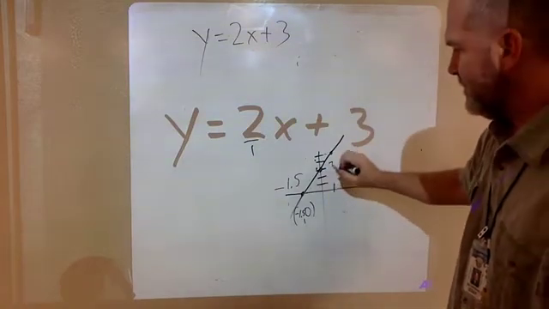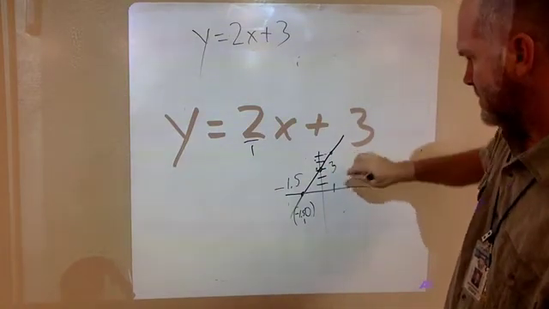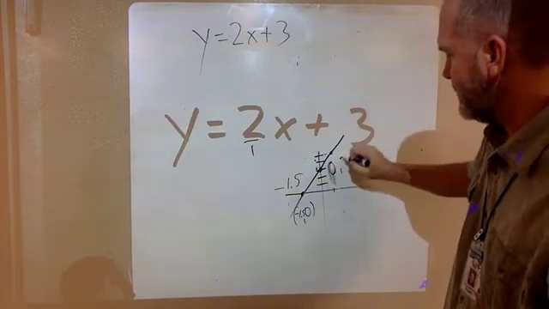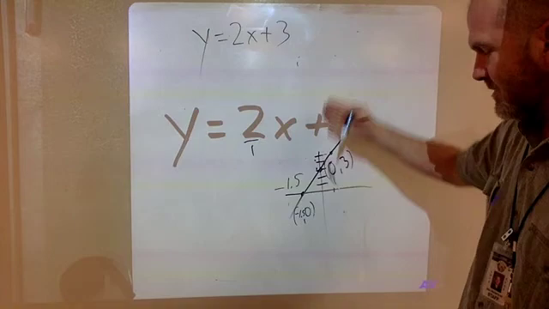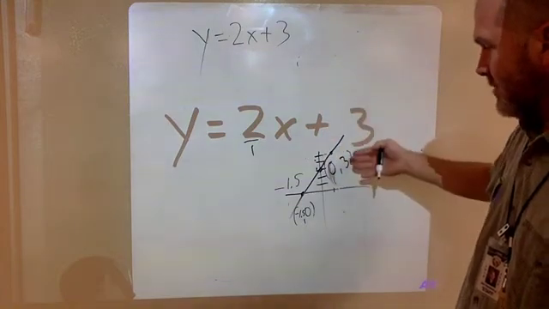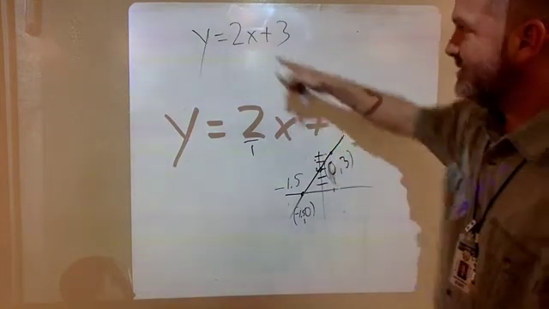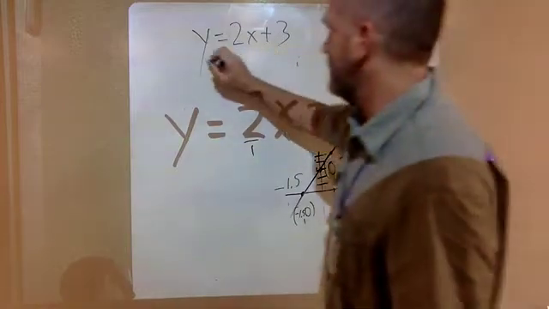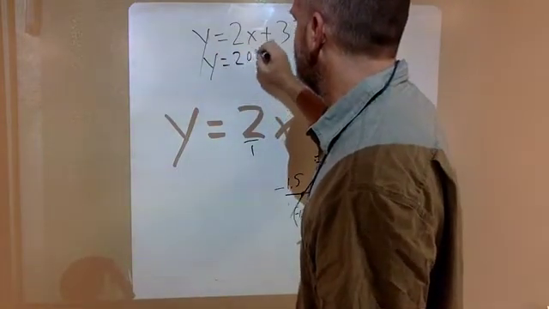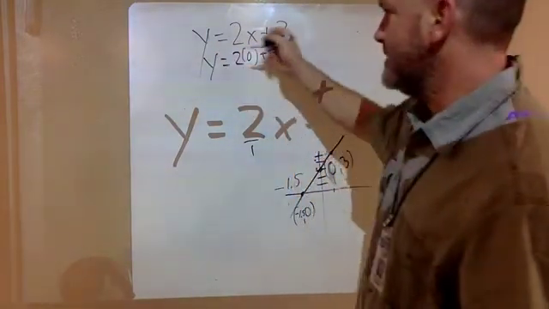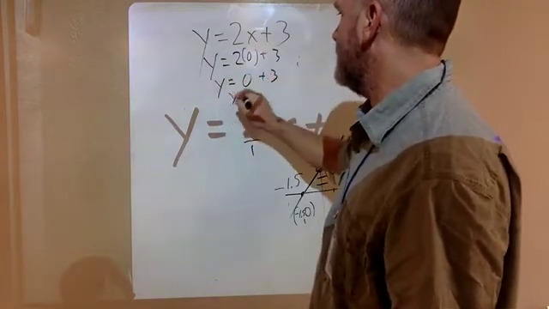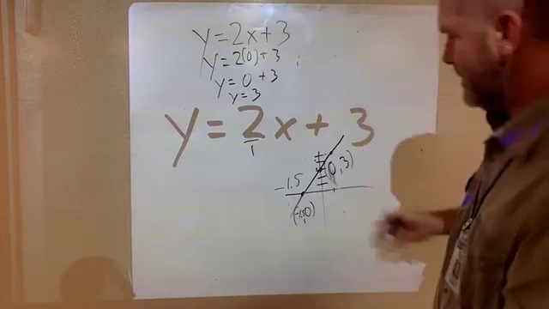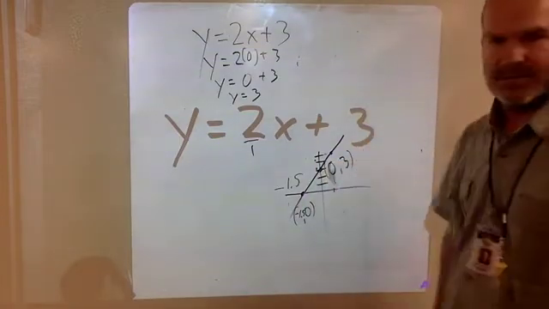That's the point (0, 3). So the x-coordinate is 0, like it always is on the y-axis. The y-coordinate is 3. So we could plug a 0 in for x. If we did that, we'd have y is equal to 2 times 0 plus 3. Anything times 0 is 0. So we get y is equal to 0 plus 3. y is equal to 3. So when x is 0, y is 3.